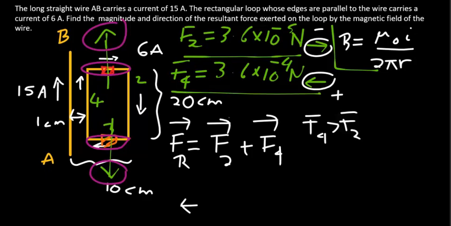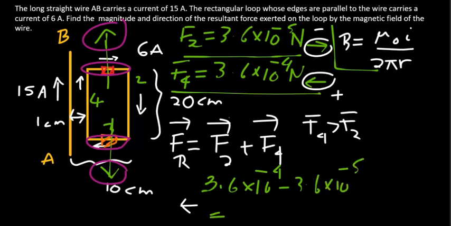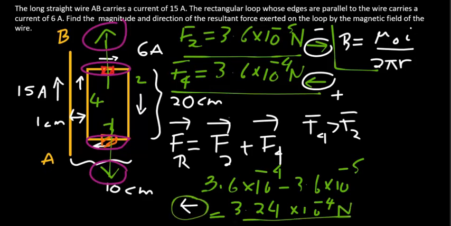And the magnitude of this resultant force is 3.6 times 10 to the power minus 4 minus 3.6 times 10 to the power minus 5, which will give you 3.24 times 10 to the power minus 4 Newton. So the resultant force has this magnitude in that direction. So we say, as a whole, this loop will be attracted towards that long wire.